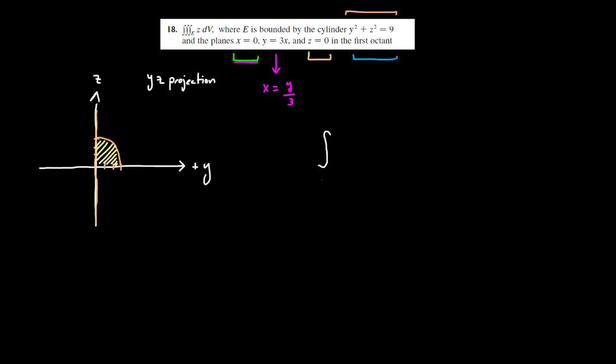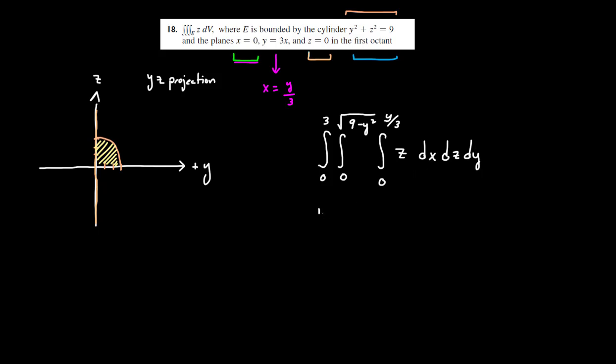Okay, I'm going to fix the y. y is going to go from 0 to 3. Then I'm going to vary in z. z is going to go from 0 to the square root, z equals the square root of 9 minus y squared. Okay, then within that projected region, the lower end is x equals 0 to x equals y over 3. We have the integrand, and then the order goes dx, dz, dy.